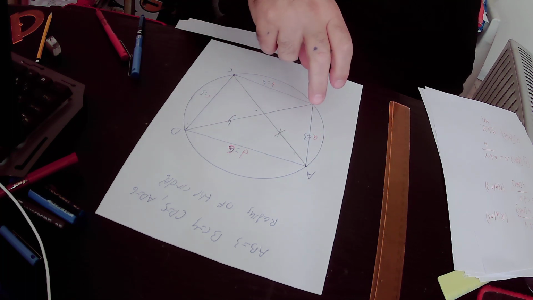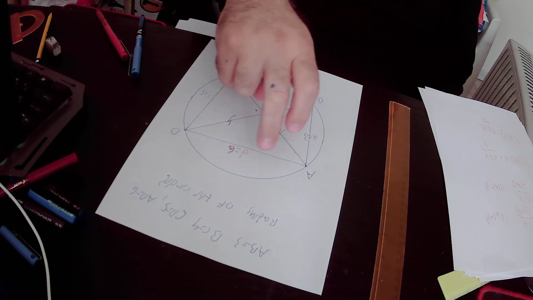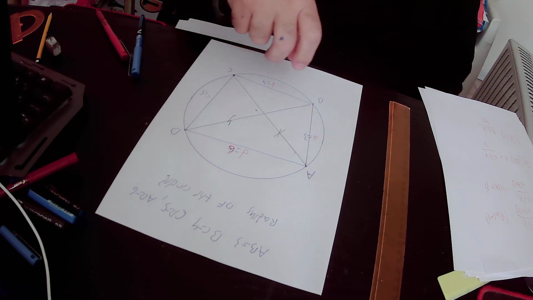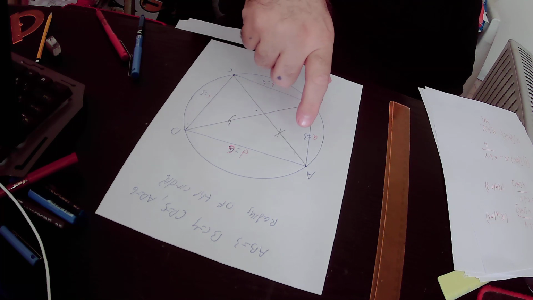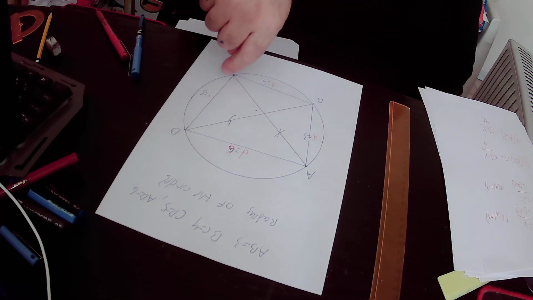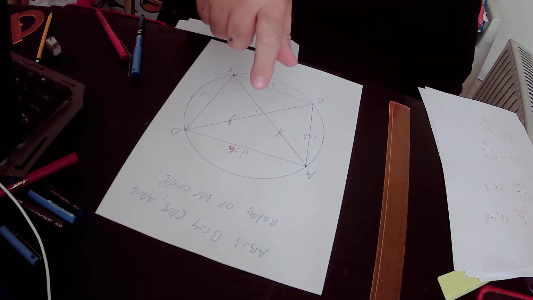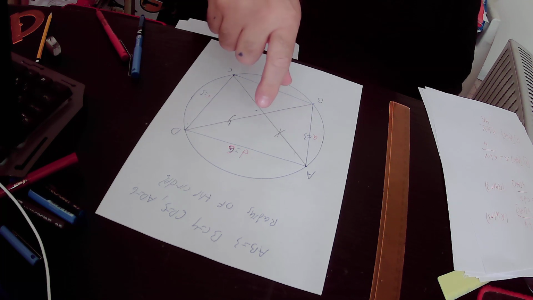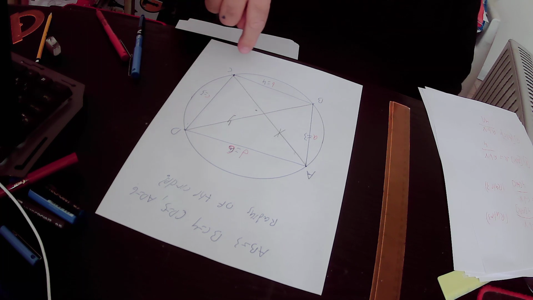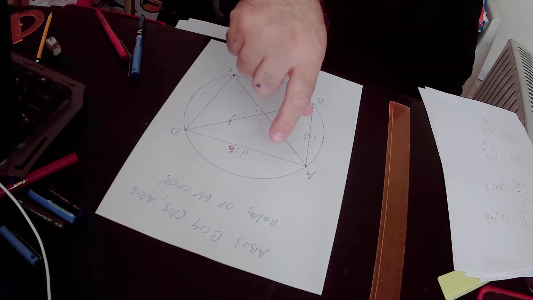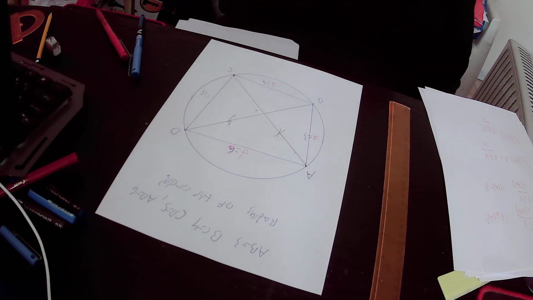According to rule number 3, we can calculate the radius of this circle that blocks triangle ABC, and we can also calculate it by the same formula for triangle ACD.